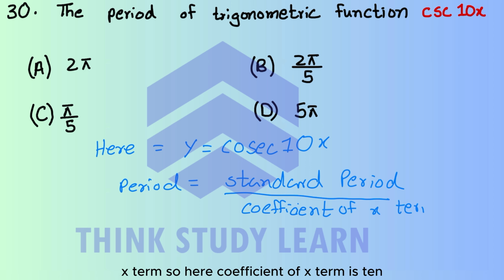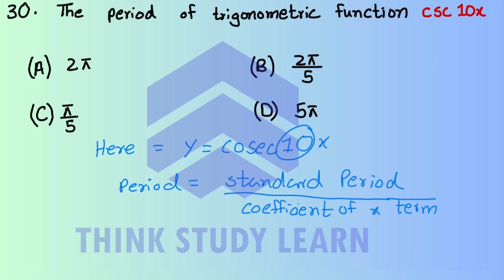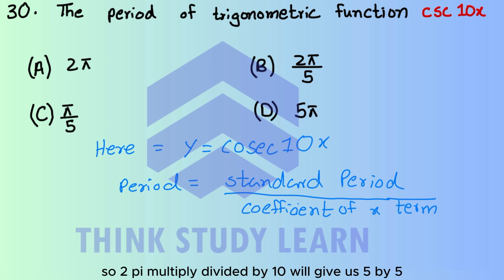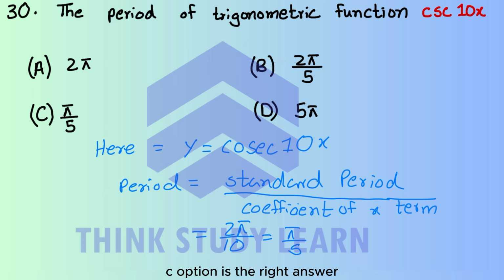So here the coefficient of the x term is 10, and the standard period of cosecant, we know, is 2 pi. So 2 pi divided by 10 will give us pi by 5. C option is the right answer.